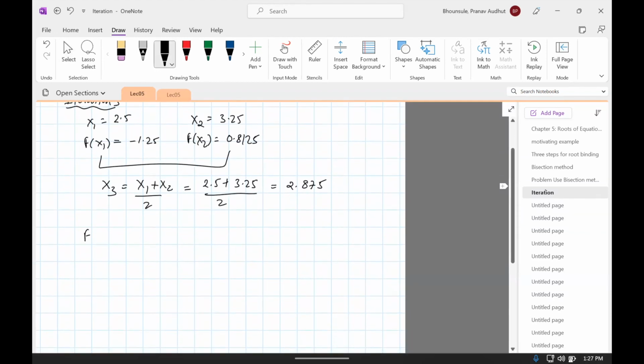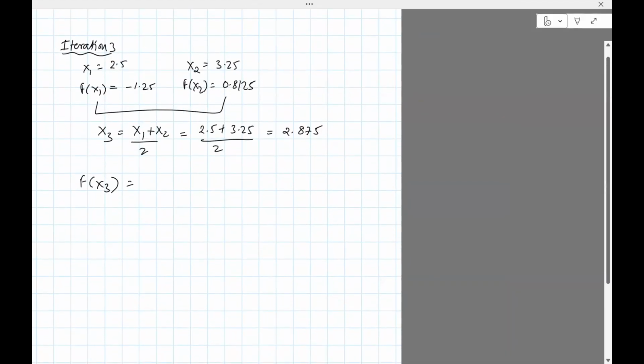Okay. If you compute f of x3, that is, put that in x squared minus 3x, you get minus 0.359.